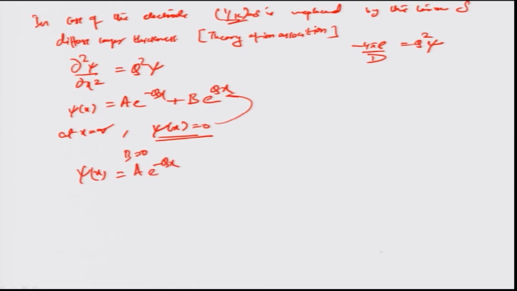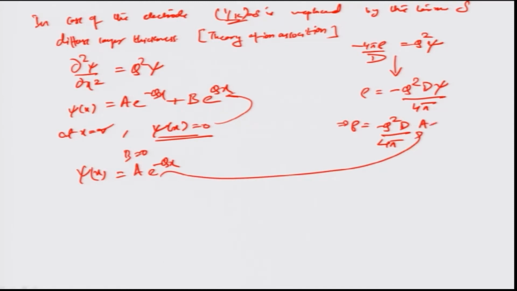Okay. And we already know from here that rho can be represented as minus q square d psi by 4 pi. In other words, rho in this case, the charge density, can be minus q square d by 4 pi times this value right here, a e to the power of minus qx. Okay.